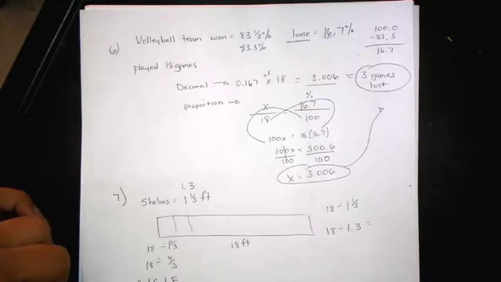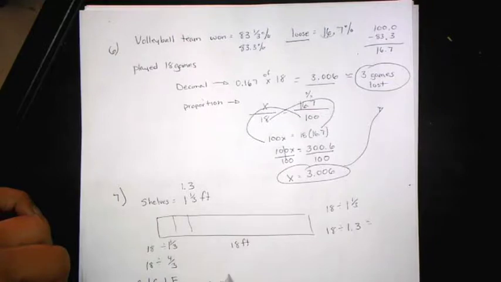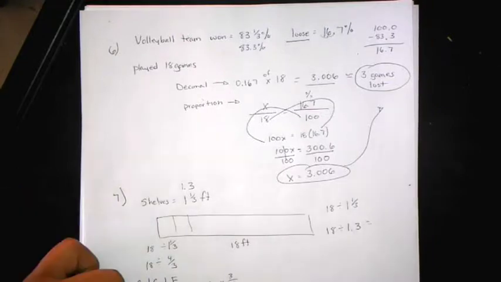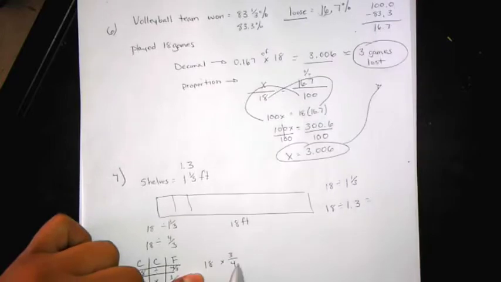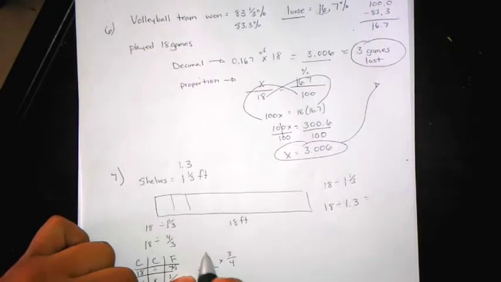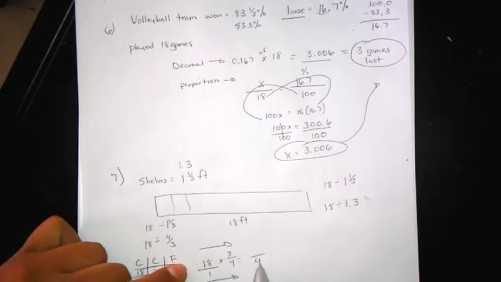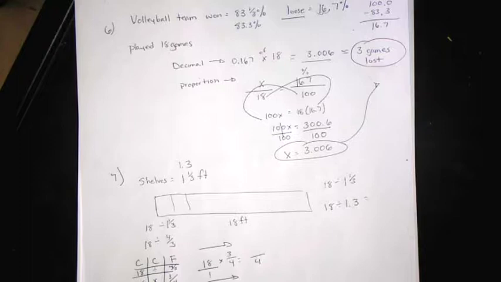I copy that, then change, and then flip it. So I have 18 times 3/4. I can't multiply a whole number times a fraction, so I have to turn them both into fractions. Then I multiply straight across. So I end up with 18 times 3 divided by 4. Go ahead and work that out on your own.